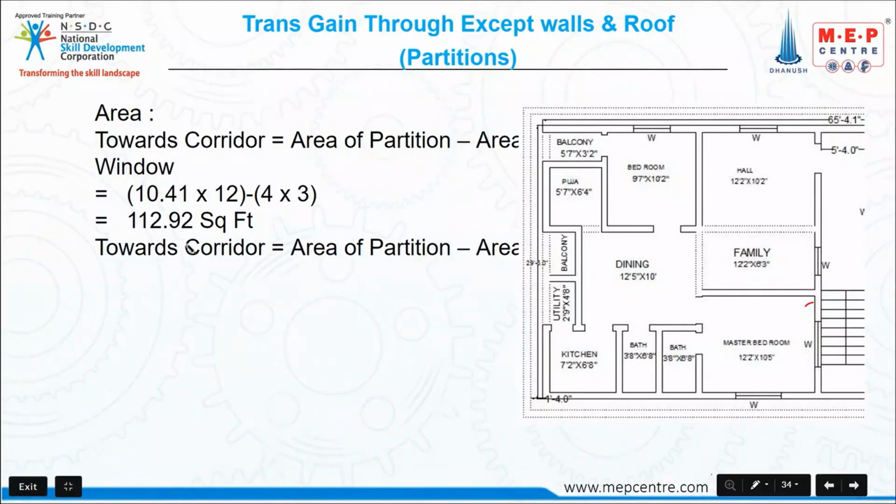So this is not the corridor, this is the bath. So area of partition minus area of door. This is the area of door, this door.